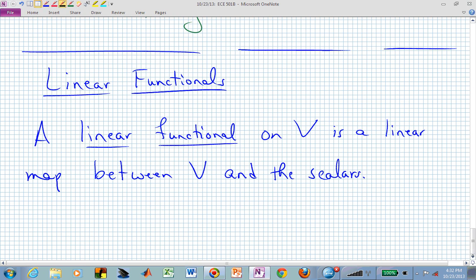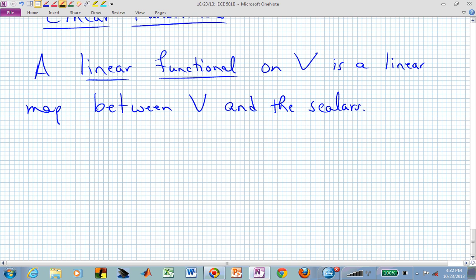So really that's all we're doing, and we've done that before, haven't we? We've gone from a vector space into a scalar. We just take the norm of a vector. That's sort of this way. But now what we want to do is pick a specific vector and form an inner product with this.